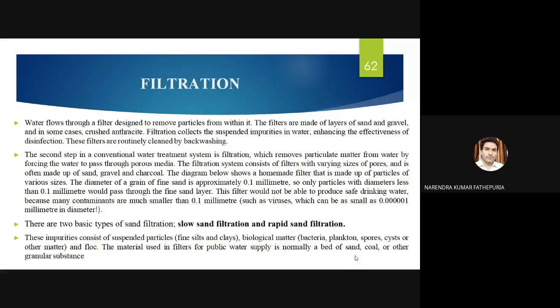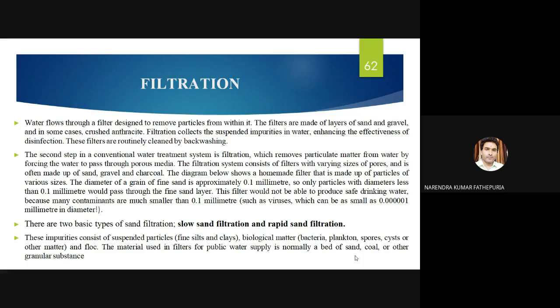Water flows through a filter designed to remove the particles from within it. The filters are made of layers of sand and gravel, and in some cases crushed anthracite. Filtration collects the suspended impurities in water, enhancing the effectiveness of the disinfection. What are the main functions of filtration?